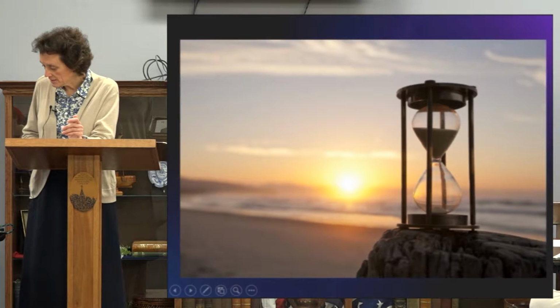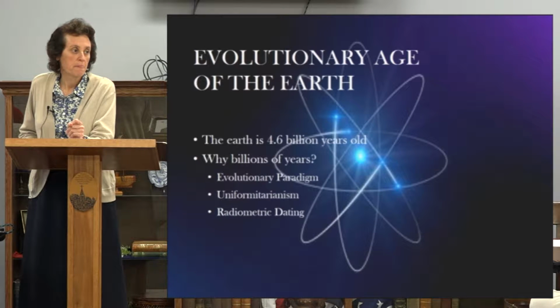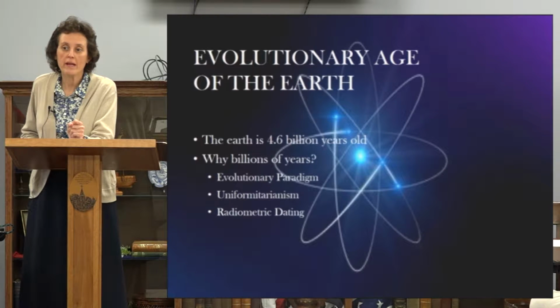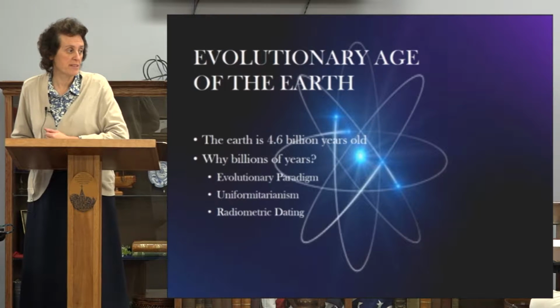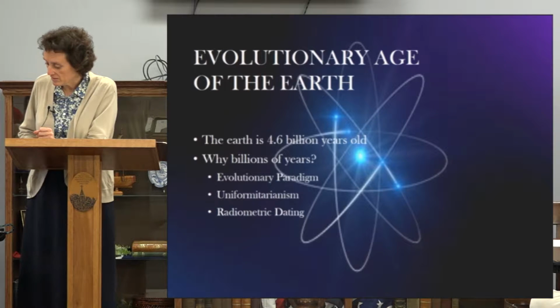All right, let's review. What is the evolutionary age of the Earth? Basically around 4.5 billion years. We talked in the last section, and especially in this section on geology, we are dealing with old Earth versus young Earth, because evolutionary geology is the basis of secular geology in the day that we live in.